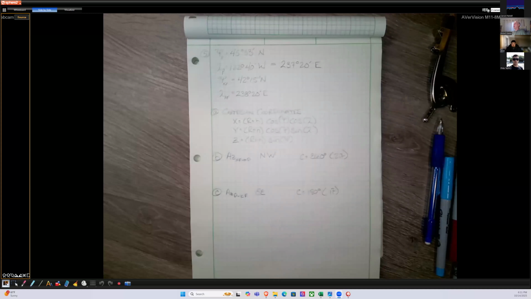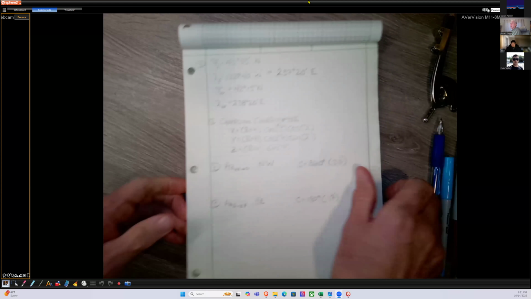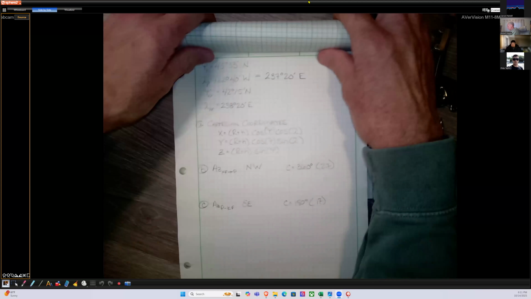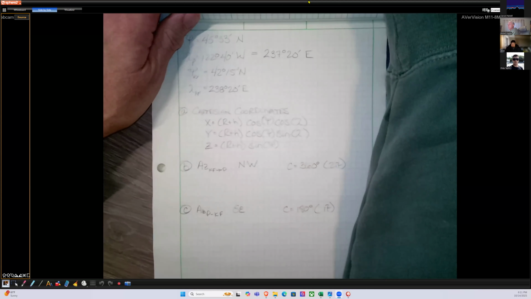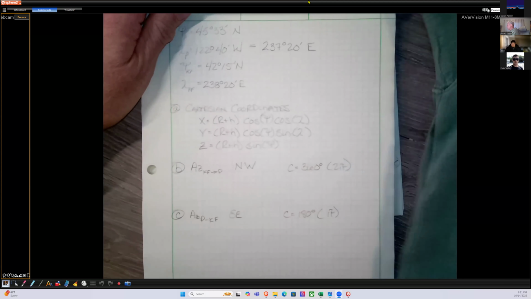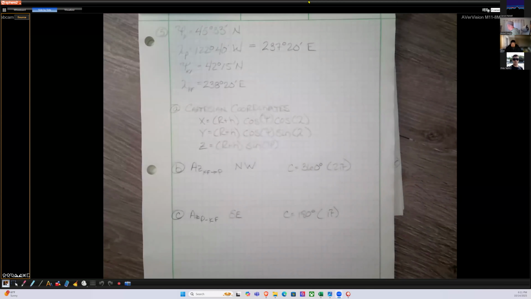I'm looking for. There we go. All right, so you guys should be seeing my pad here, and it's not focused very well, but I can zoom in. So there are the formulae for the Cartesian coordinates, right? And I can make those a little easier to read.